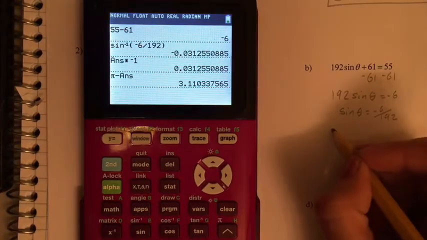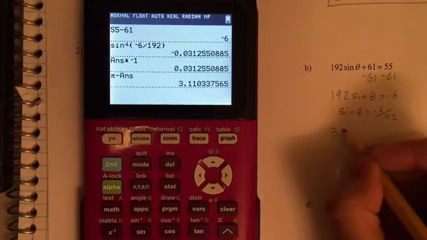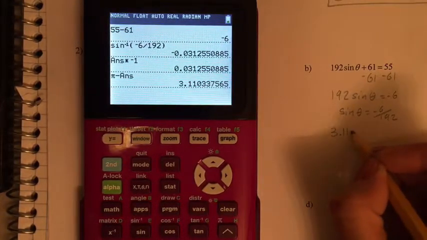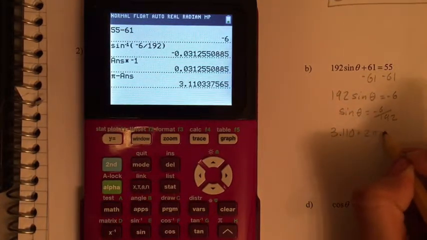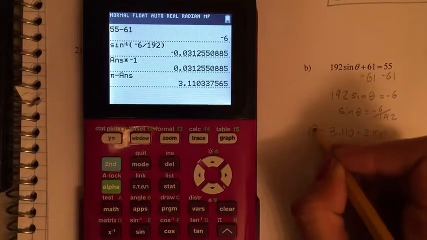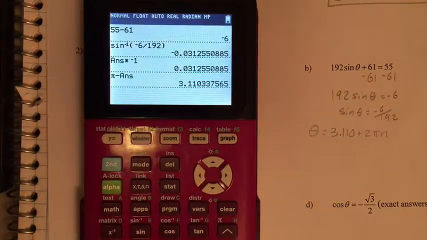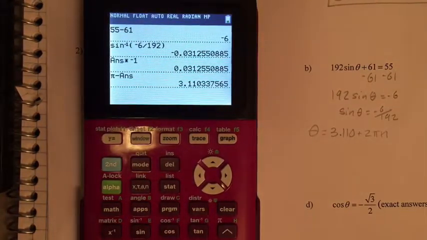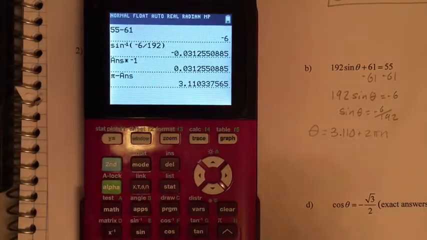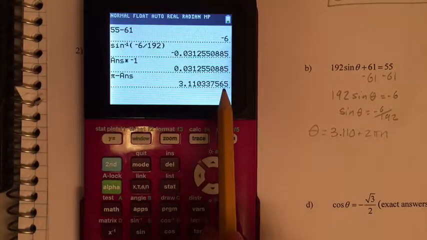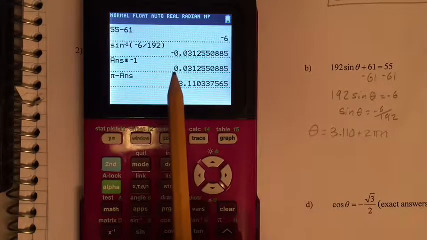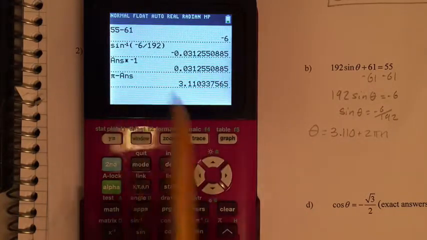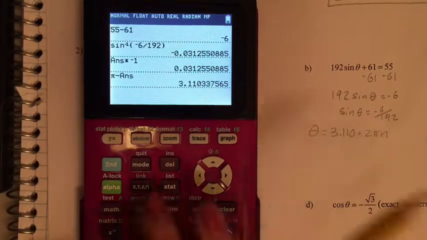And that's how you get your first answer. And to get your second answer, you take this number that you just found from subtracting your now positive number from pi, and you subtract it from 2 pi.